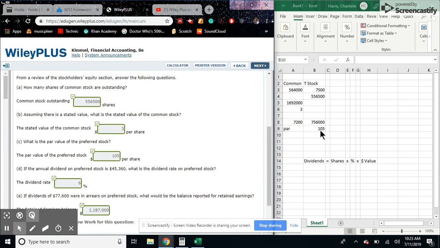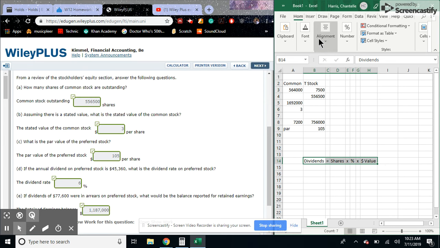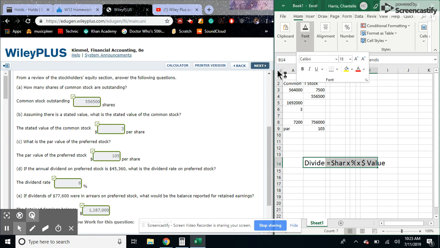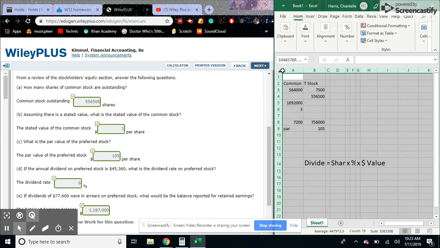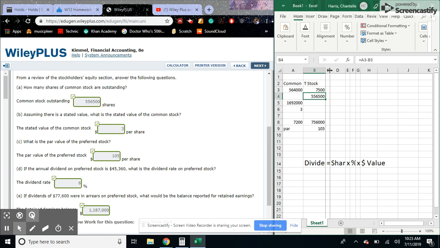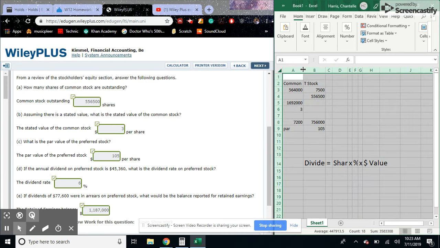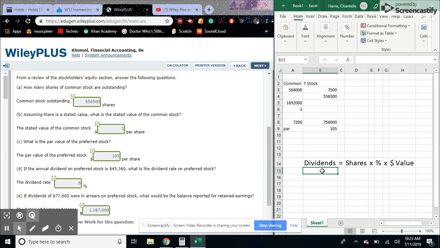Now that is what we're going to use here. The next question asks, if the annual dividend on preferred stock is $45,360, what is the dividend rate on preferred stock? So here's the formula. Dividends equal shares times the percent times the value of the stock.